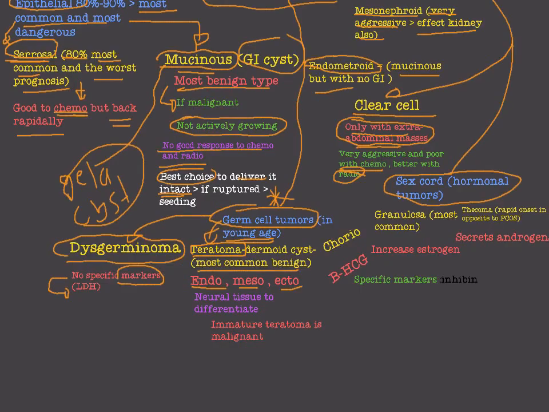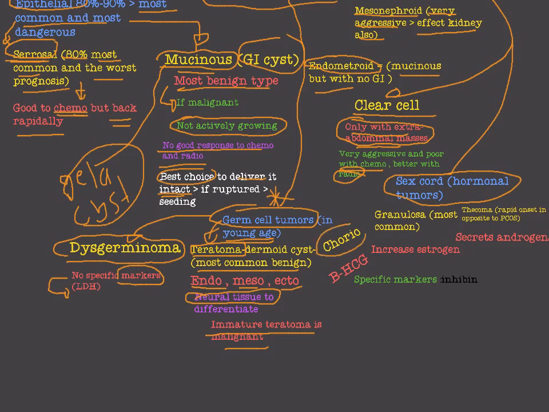To differentiate between malignant and benign teratoma, the malignant is immature teratoma. The neural tissue is used to differentiate between benign and malignant teratoma. Once the neural tissue is there, then it is malignant teratoma, immature or malignant teratoma.